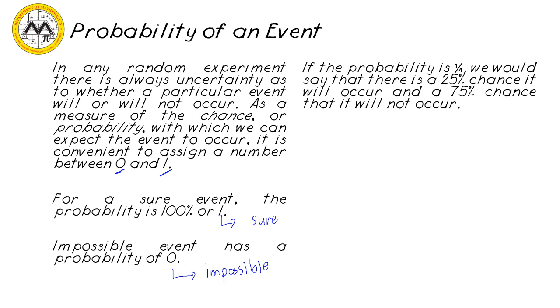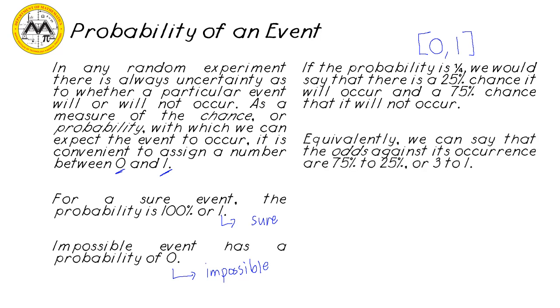So we can say that the probability is in the closed interval from 0 to 1. If the probability is 1/4, we would say that there is a 25% chance that it will occur and 75% chance that it will not occur.